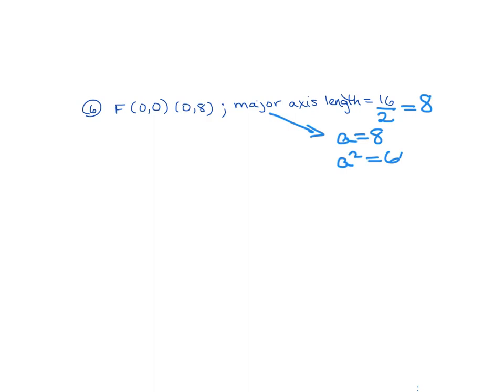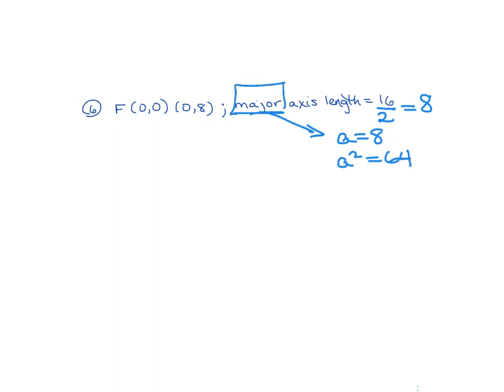So here, whenever they give you either the major or the minor axis length, you're going to take that number and divide it by 2, because you've got to remember half of it is to one side of the center and the other half of that number is to the other side of the center. So I'm going to take 16 divided by 2, I get 8. 8 squared is 64.